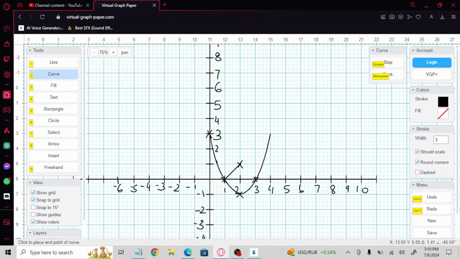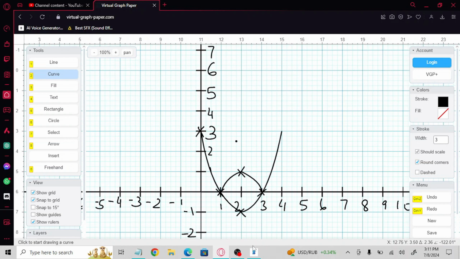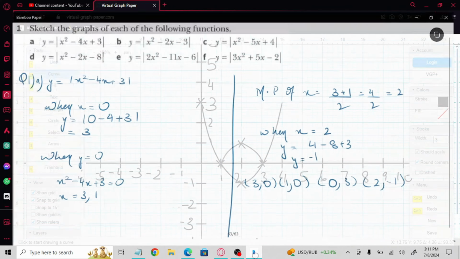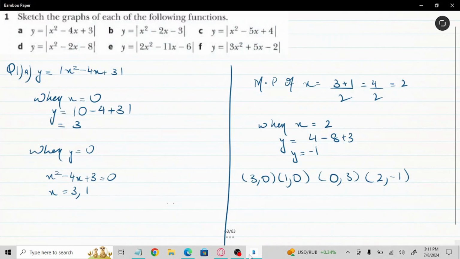It's really hard to draw a curve on your virtual graph paper. Something like this. Yes, so this is our graph. So we have completed the requirements for question 1.